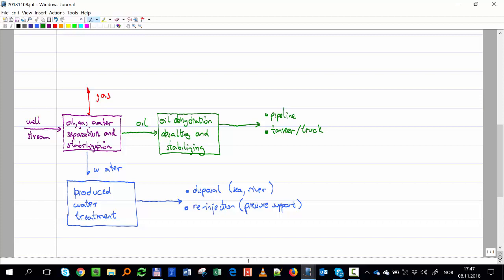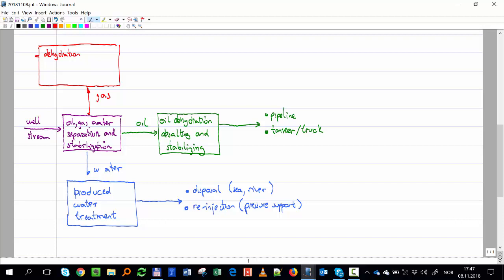Now for the gas, it's a bit more challenging. The next step after we separate the gas, maybe this box is too big, is dehydration, usually. You're going to see that water causes a lot of issues in the system. Among them, you have corrosion, you might have water accumulation, and if it's low temperature, it will freeze.